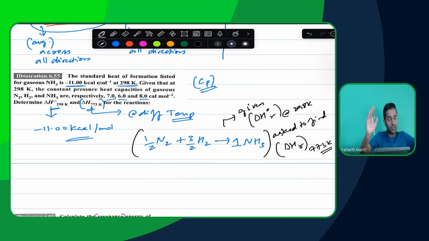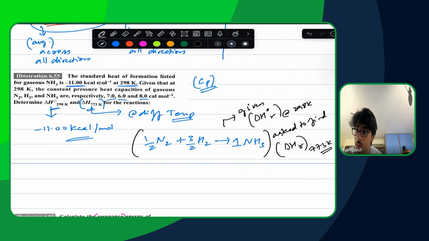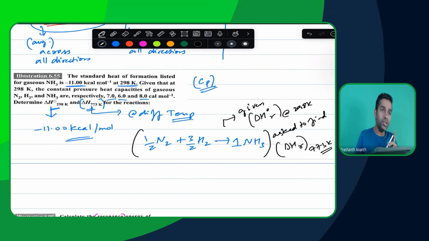So all the substances, the reactants and products, are scaling up in temperature. All of them are gases, and it's all done at constant pressure. That's the hint I'll give you. You have been given the CP values for each of them.